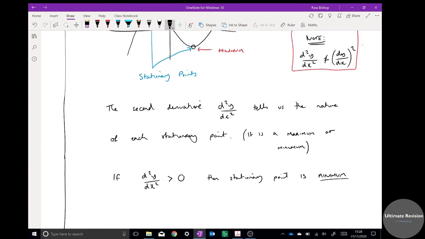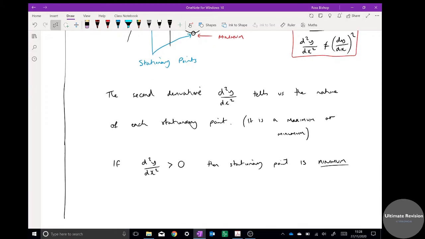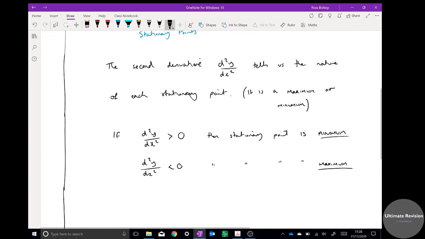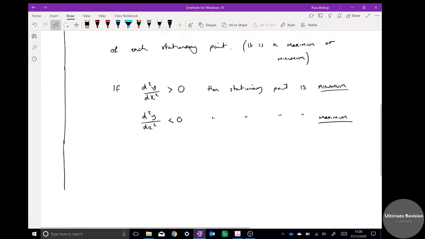So it is a minimum if d²y/dx² is greater than 0, and if it is less than 0, then the stationary point is a maximum. So they're the notes. It'll become much more obvious what I mean by that when we do an example.